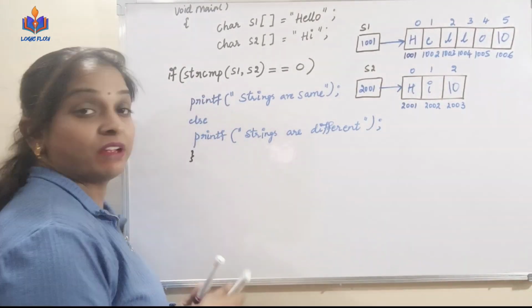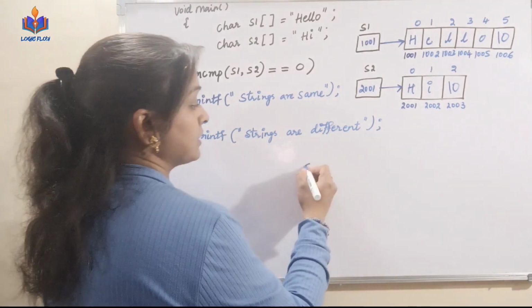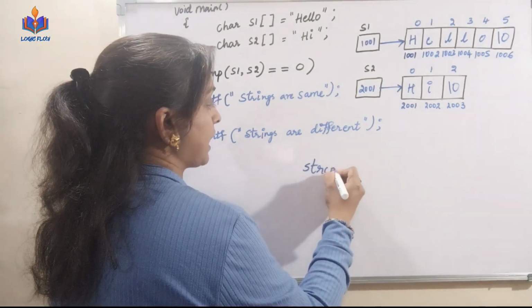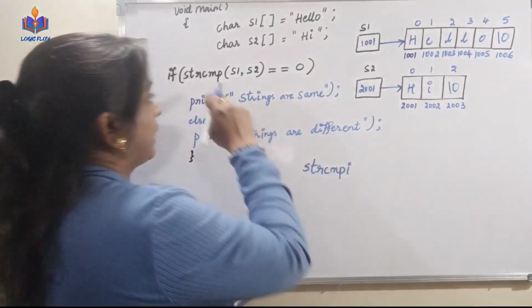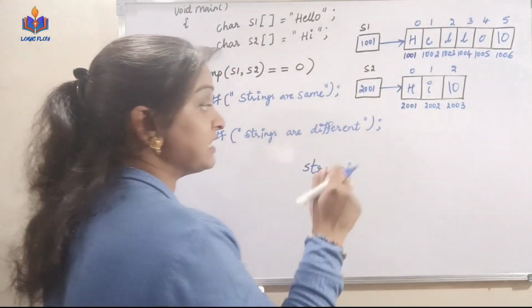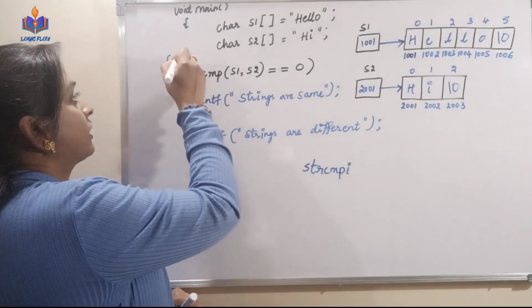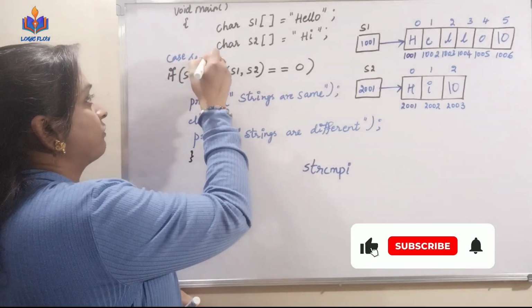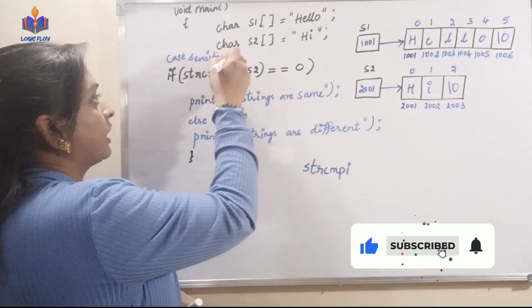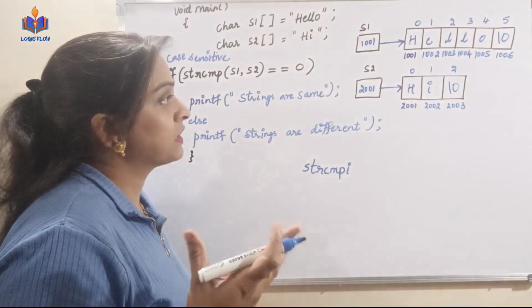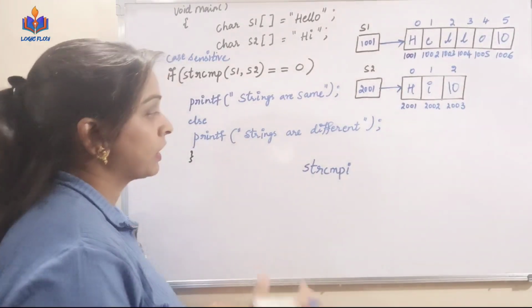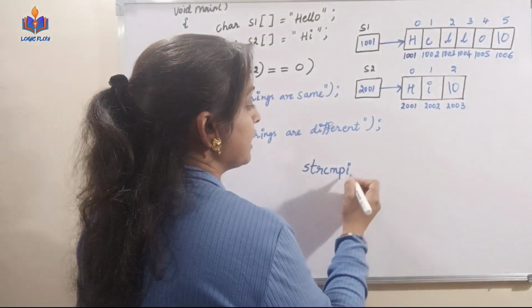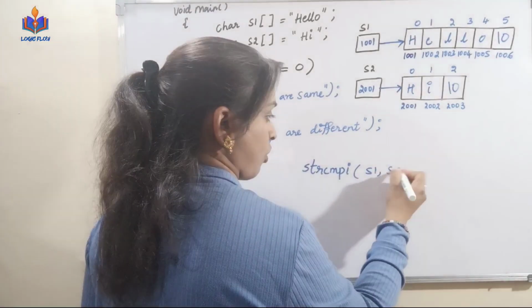Well, actually we have one more function called strcmpi. strcmp is case sensitive. It is going to consider uppercase and lowercase differently. But the strcmpi function, again it takes 2 arguments itself.